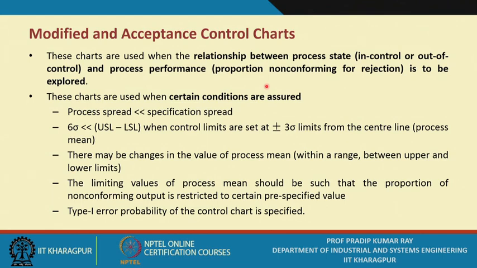Till now you might have observed that while you use a control chart, there is no reference to the specification limits related to quality characteristics. That reference to the specification limit is very important, because we say the process is in control or the process has gone off control.